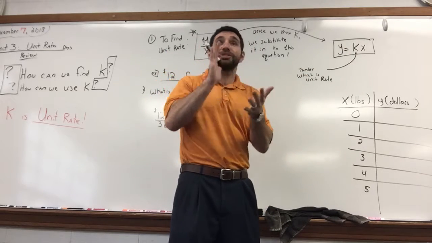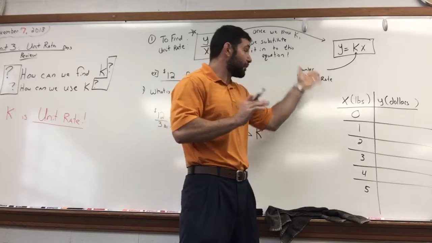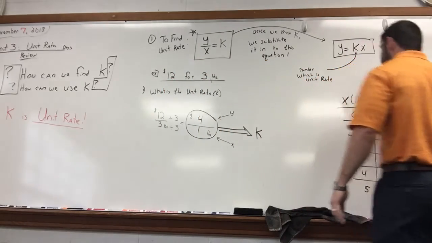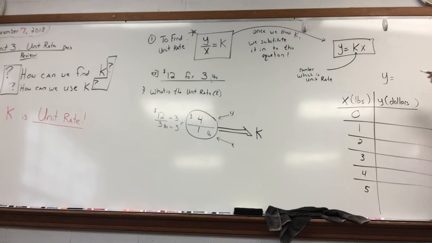So the equation that we're going to use for every single one is y equals 4x. How did I get this? How did I get y equals 4x? Owen. Because 4 being k, it's normally y equals kx.